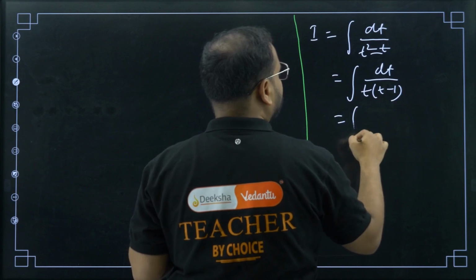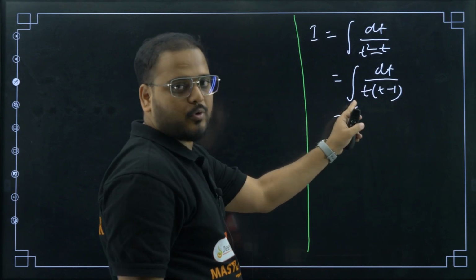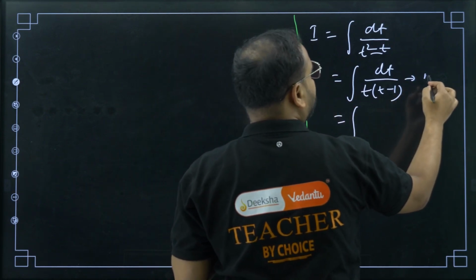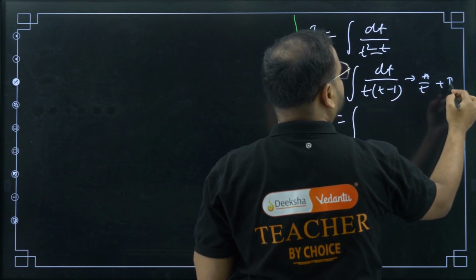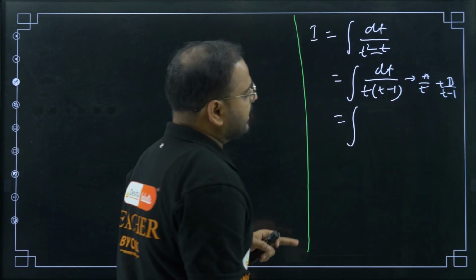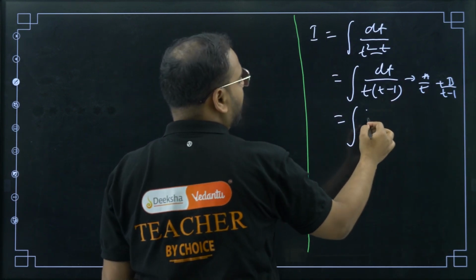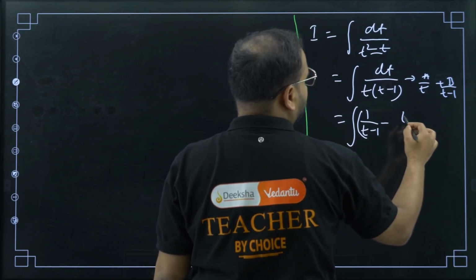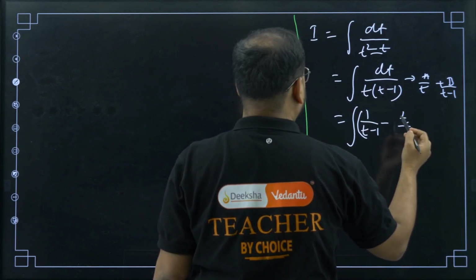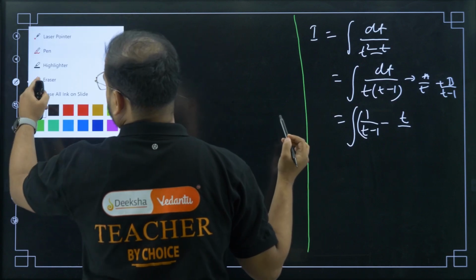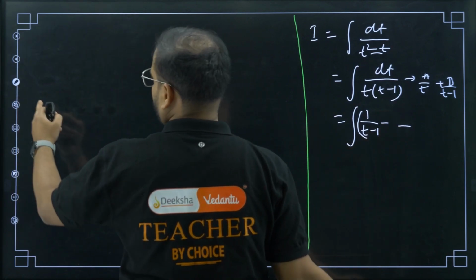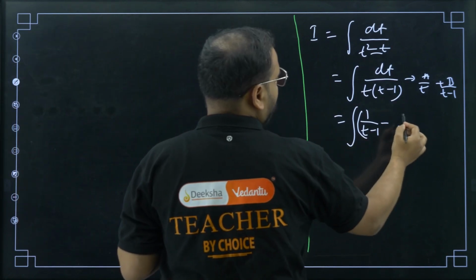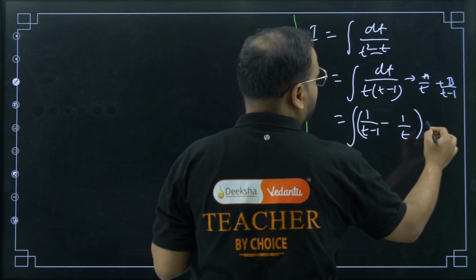I can write this as, you have to do again what? Write this as a upon t plus b upon t minus 1. But I can see from here only, it should be 1 upon t minus 1 minus 1 upon t. Please have a look.